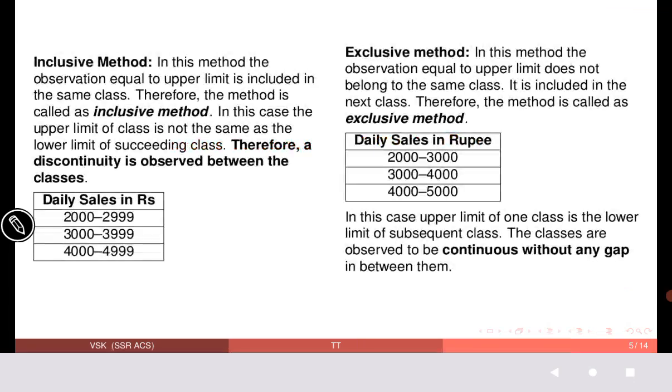Now, what is meant by inclusive and exclusive method? Let us see. What is the inclusive method? In this method, the observation equal to the upper limit is included in the same class. Therefore, the method is called the inclusive method. In this case, the upper limit of the class is not the same as the lower limit of the succeeding class.